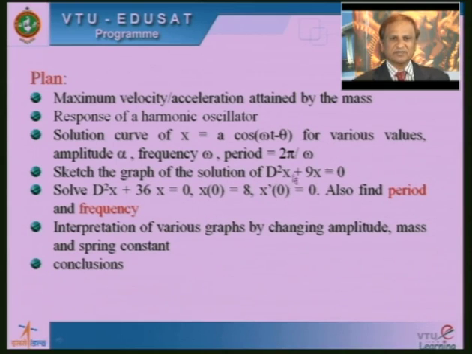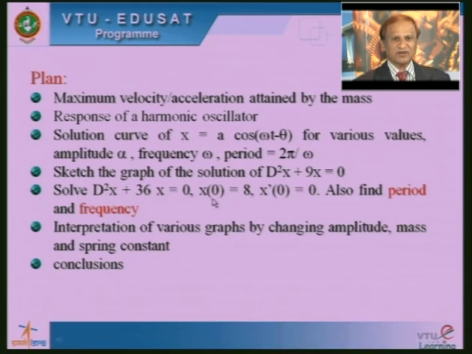Here capital D represents d by dx. I am planning to solve one more similar equation, D square x plus 36x is equal to 0, with the initial conditions x of 0 is equal to 8 and x prime of 0 is equal to 0. Also find the period and frequency. Is it clear? I have already given the physical meaning of an initial value problem.